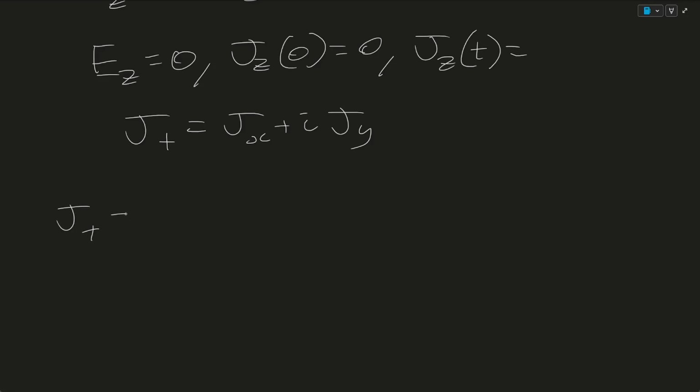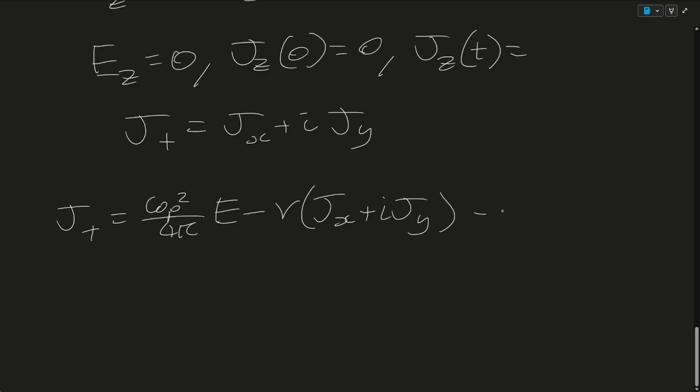So J plus is omega p squared e per 4 pi, minus nu times jx plus i jy, minus i omega b times jx plus i jy. Nice.